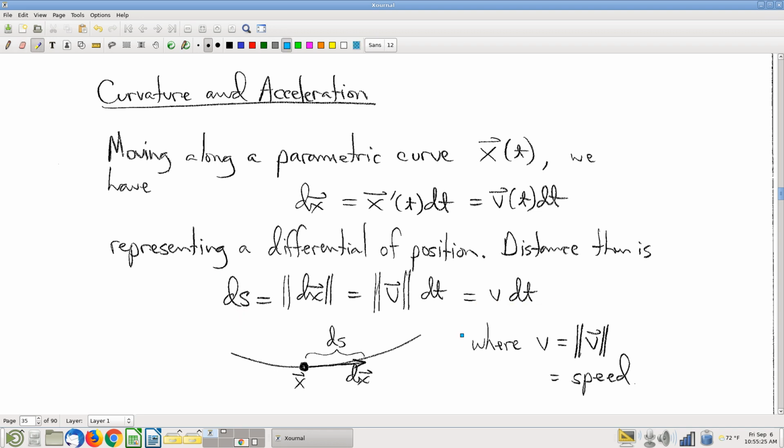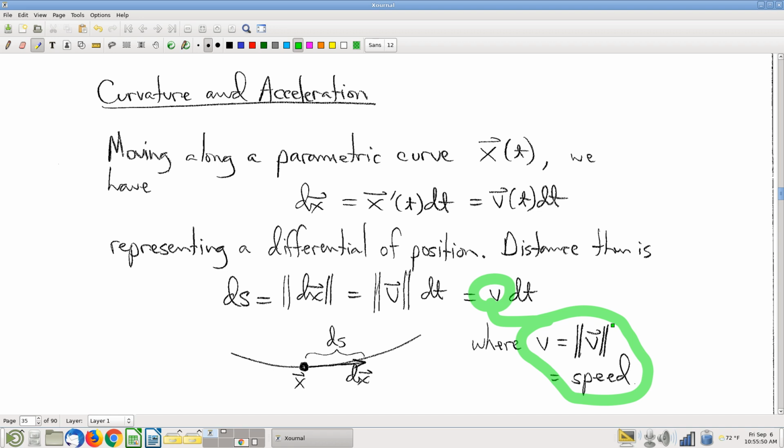And I want to point to the notation. There's another little new notation that we haven't used before. We're going to use little v with no vector hat over it to represent the magnitude of the velocity vector. So it's just convenient. Look at all the paraphernalia surrounding the v there, right? We've got to put a vector hat and then the double bars on both sides.